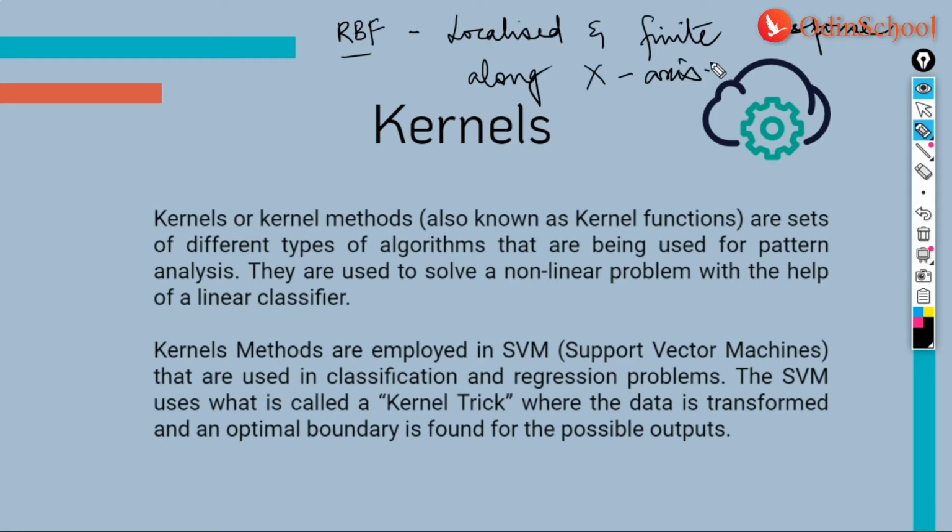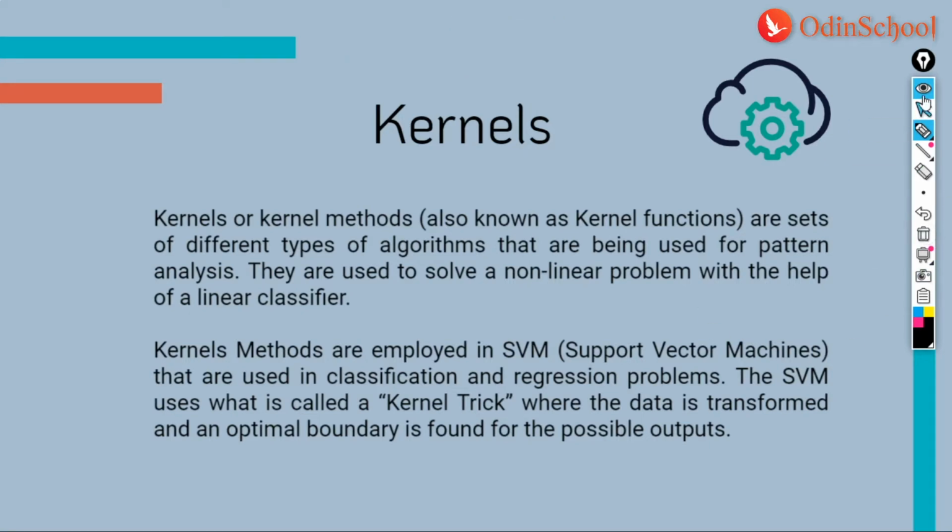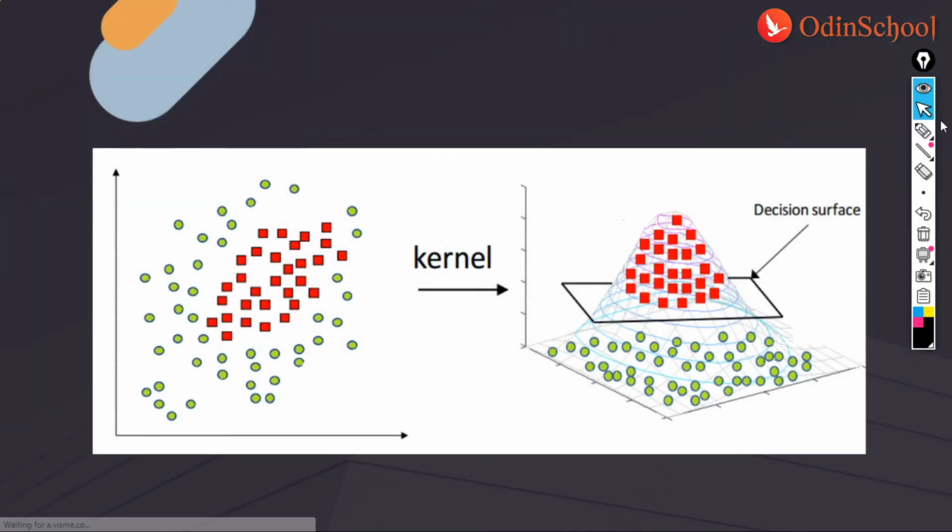And the SVM uses what is called a kernel trick, wherein the data is transformed and an optimal boundary is found between the possible outputs, or the best possible output, you can say, right? And there are a lot of real-time use cases of SVM, or probably of kernels, as well. I mean, not to forget that. So now, going forward, this is what a kernel basically does.